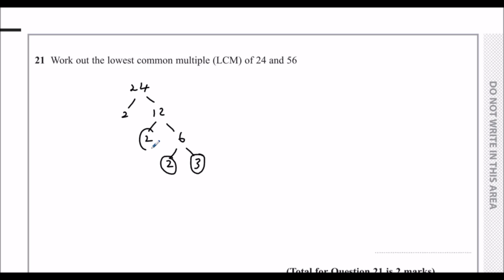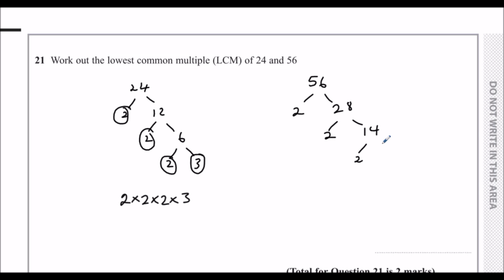So 24 can be written as 2 times 2 times 2 times 3. 56 is 2 28s, 28 is 2 14s, and 14 is 2 7s. And they are all prime numbers now. We can't break them down any further. So 56 is 2 times 2 times 2 times 7.